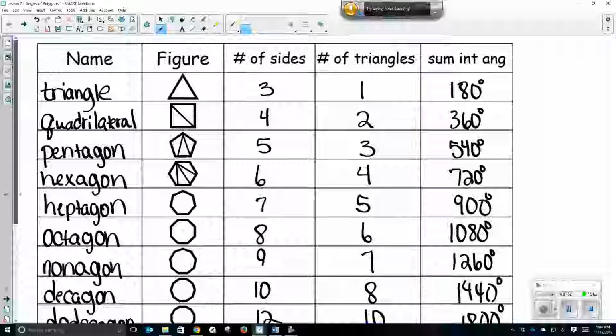We need a formula to find the sum of the interior angles of any polygon, whether it's 6-sided or 25-sided or 100-sided. Is there a limit to the amount of sides a polygon can have? No, you could have 1,000,000. And I certainly wouldn't want to add up 180 until I get to 1,000,000. What does that start looking like when you get that many sides? A circle.